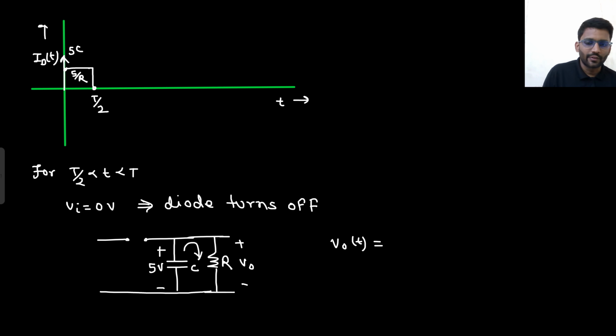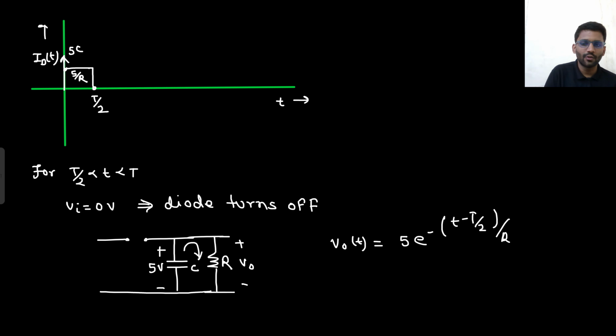On the next page we will draw the V0 waveform. Initially it is 5 volt, now it is trying to discharge as 5 into e to the power minus (t minus T by 2) by RC. Since we are taking it from T by 2, I should write t minus T by 2, because this thing is starting from T by 2 time. So after T by 2 time it will discharge.